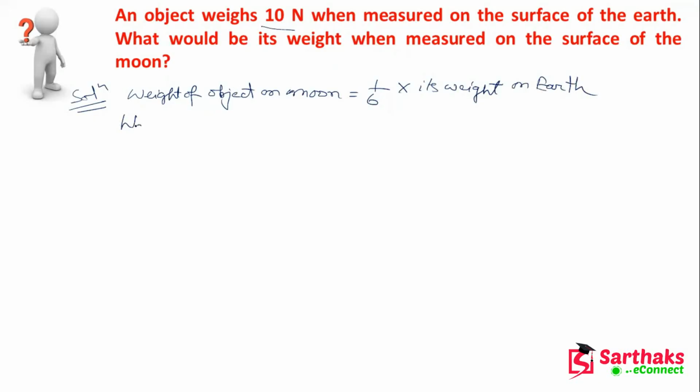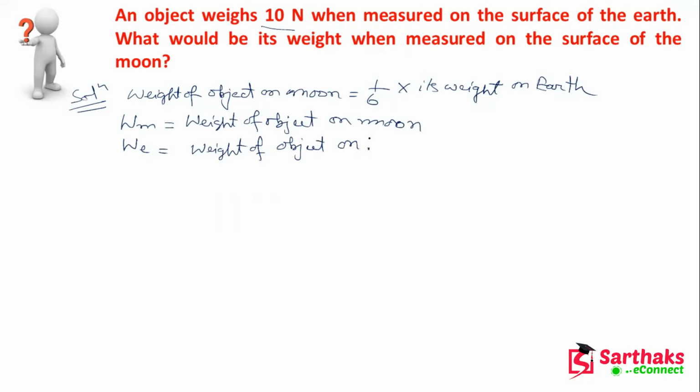So the weight of the object on the moon, which we denote Wm, and WE, the weight of the object on earth.